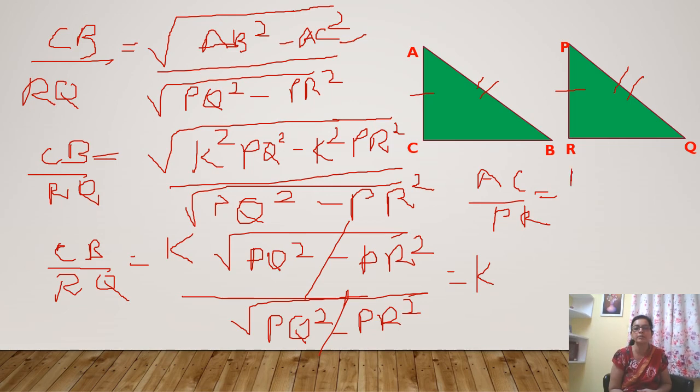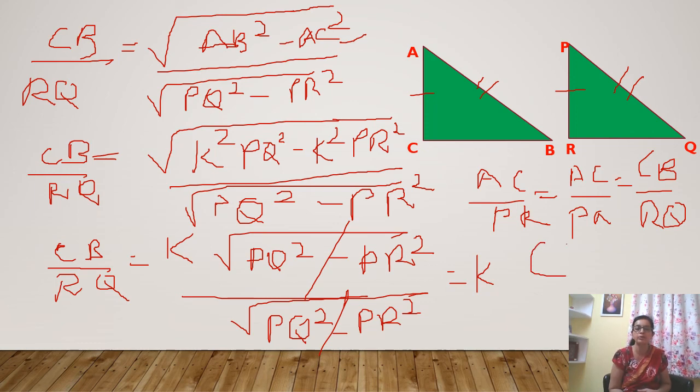And the hypotenuse AC upon PQ, which is again the hypotenuse, were already equal to K. And now we ultimately found out that CB upon RQ is also K. So all the three are getting proportionate, hence by SSS similarity.